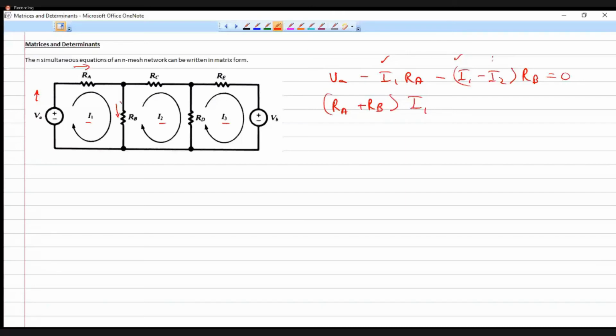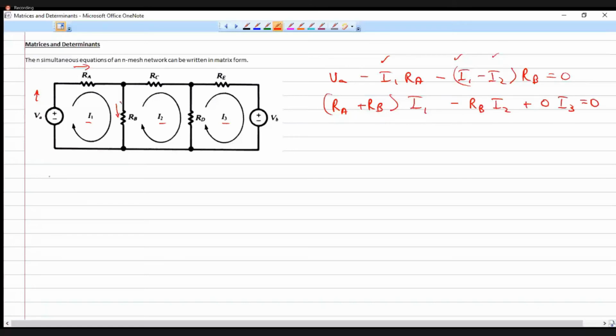When bringing I2 to the other side, it will become minus RB into I2, plus 0 into I3 is equal to 0. So that is one equation.